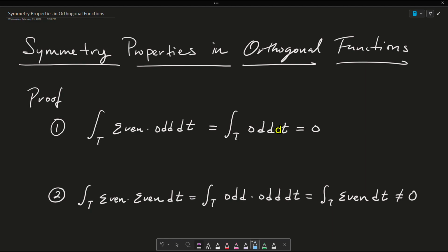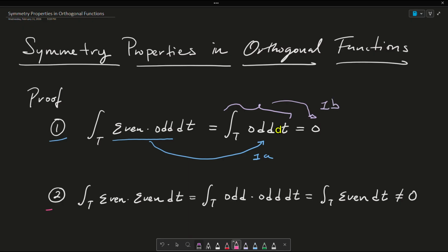What I'm going to do now is break down proof number one into two parts, 1a and 1b. The first part, 1a, says that an even times an odd function is going to equal an odd function. The second part of 1 says that the integral of an odd function over a time period t is going to be 0. Call this 1b.